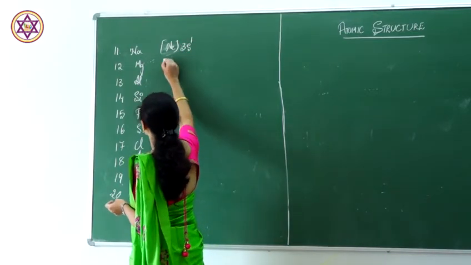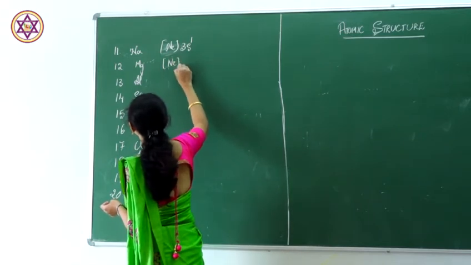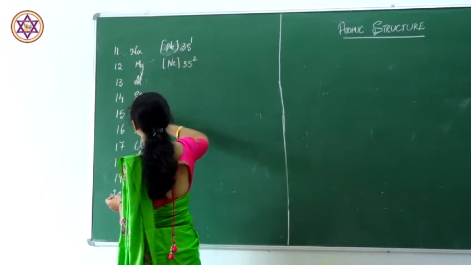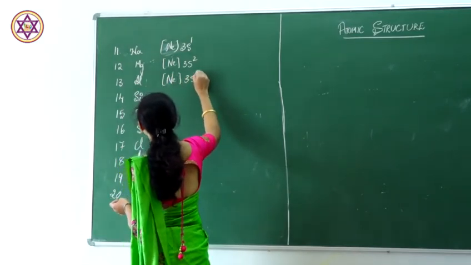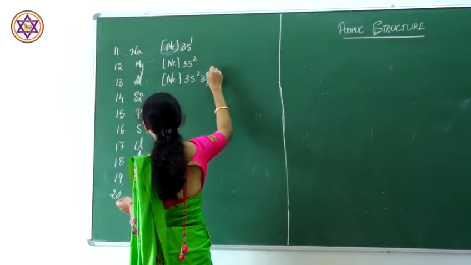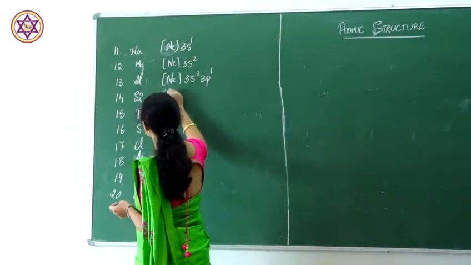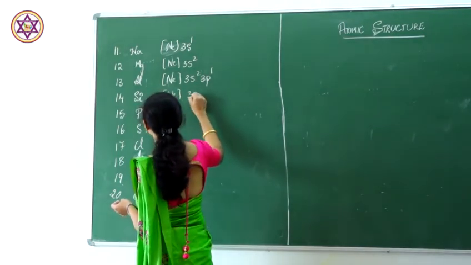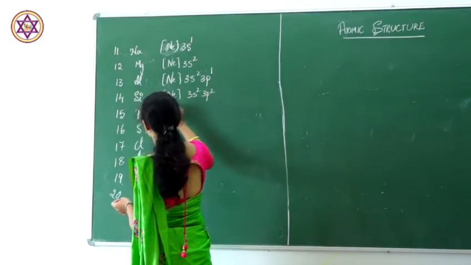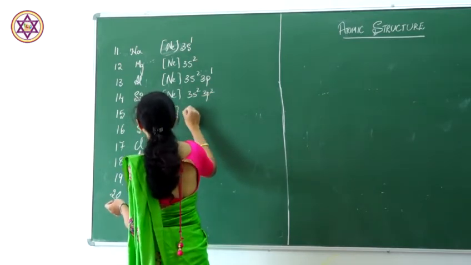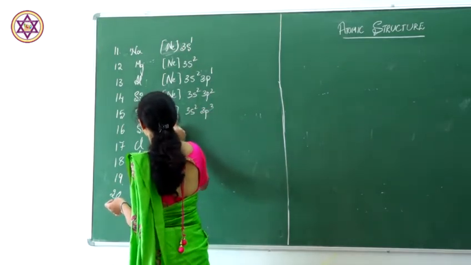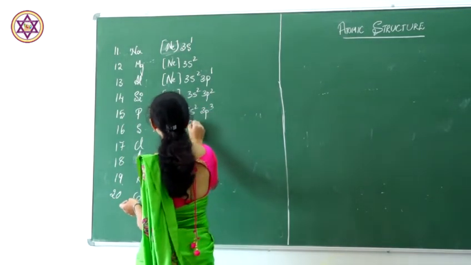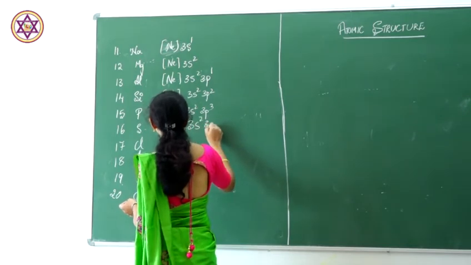3s1 for sodium. Then magnesium, 3s2. Aluminium, neon 3s2, 3p1. Then for silicon, 3s2, 3p2. Phosphorus, 3s2, 3p3. Then sulfur, 3s2, 3p4.